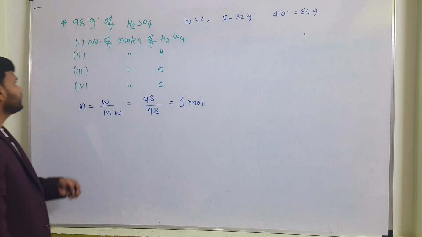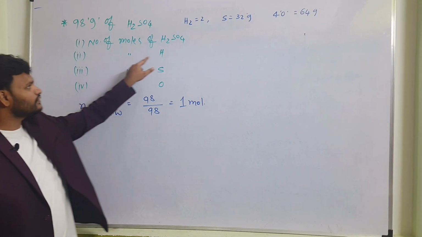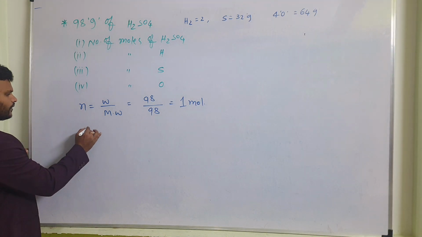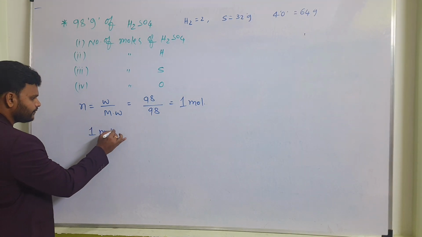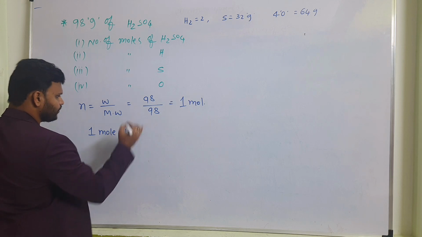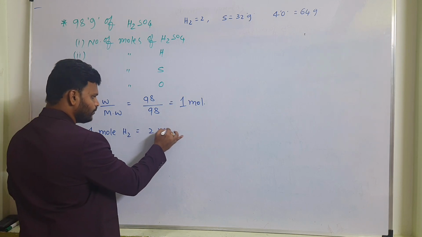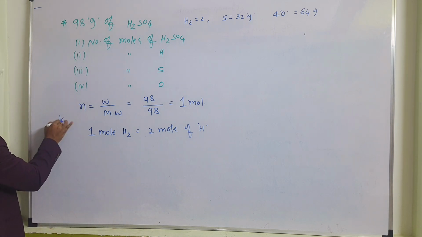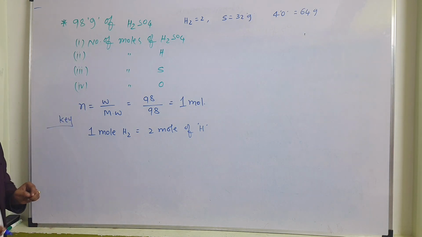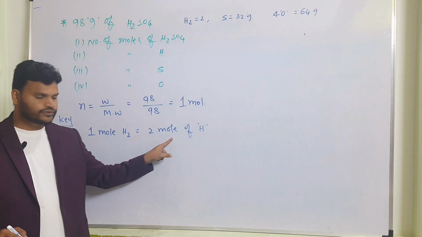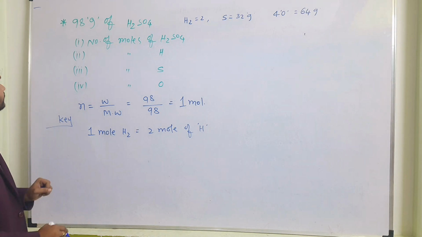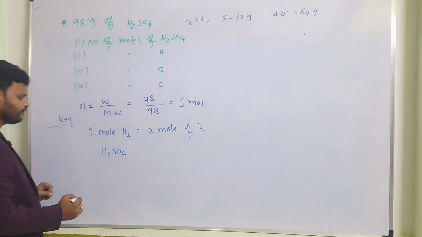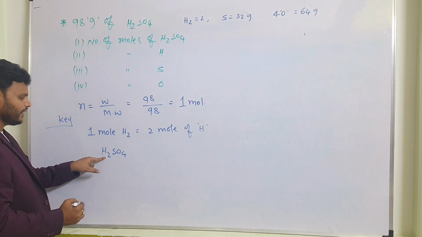Sometimes they may ask like this: number of moles of hydrogen. No need to find, students, simple logic here. 1 mole of H2 equal to 2 mole of H. This is the key point. 1 mole of H2 equal to 2 mole of H. So H2SO4 contains how many hydrogens? 2 hydrogens.